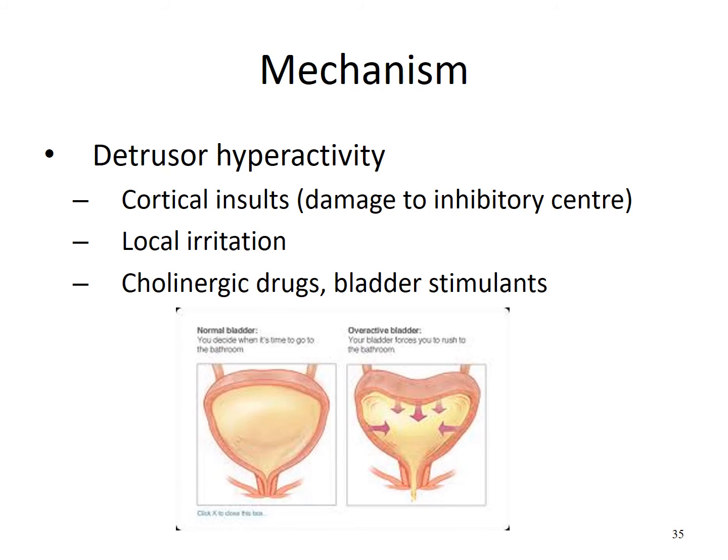There can be local irritation, so we talked about urinary tract infections or concentrated urine in someone who is dehydrated, causing irritation and the bladder contracting. And then medications that we talked about, such as cholinergic agents, increase contraction. So the detrusor can be hyperactive in these situations, and that causes the bladder to be overactive.